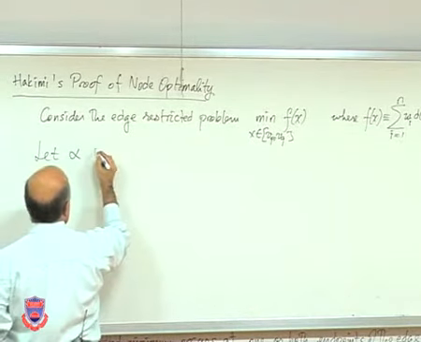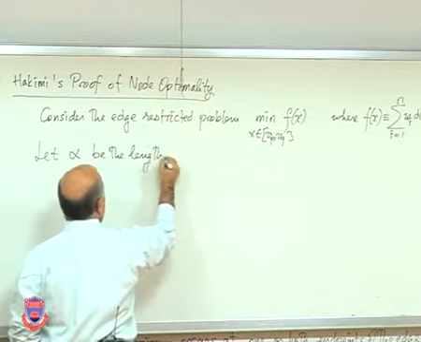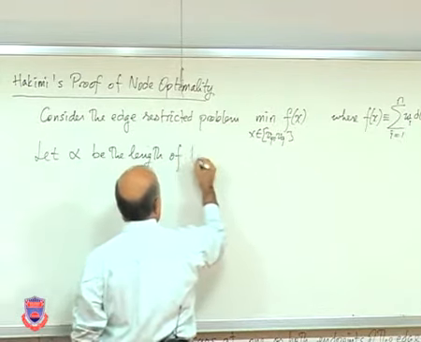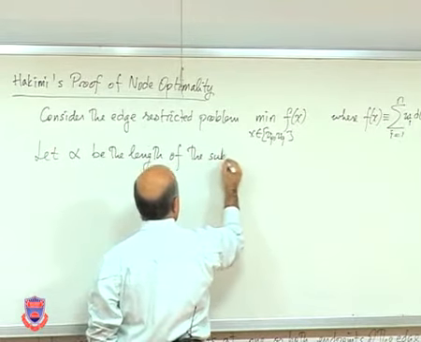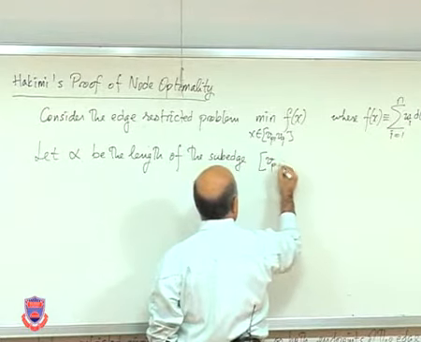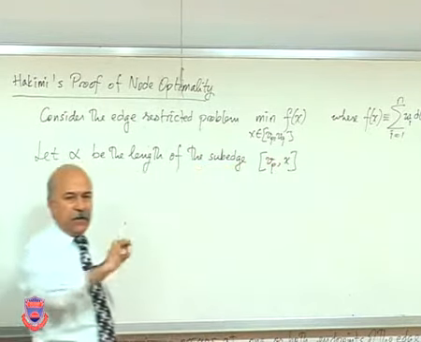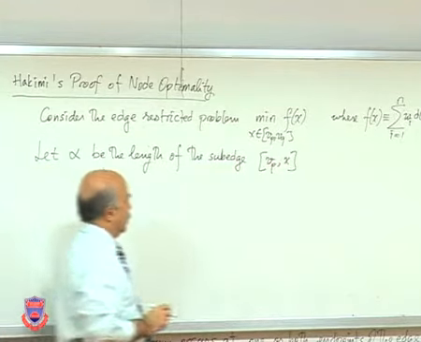Let alpha be the length of the sub-edge VP x as x varies in the edge.